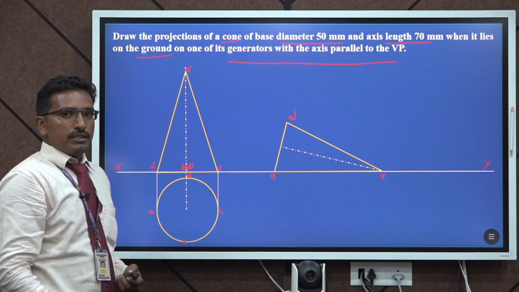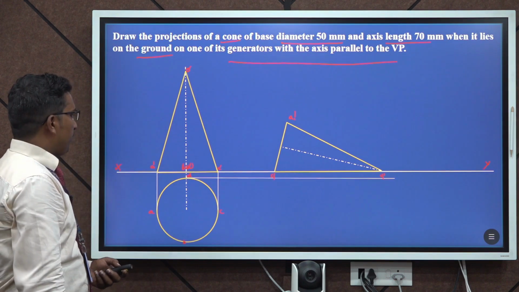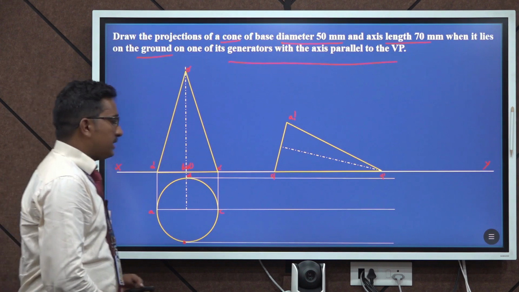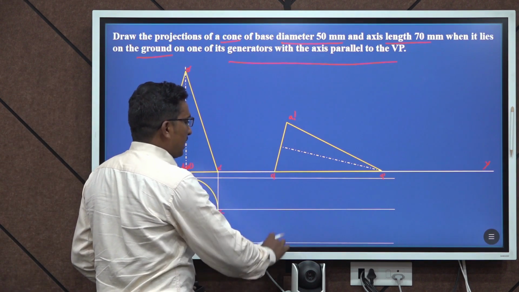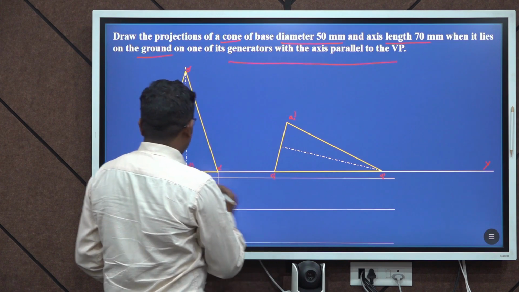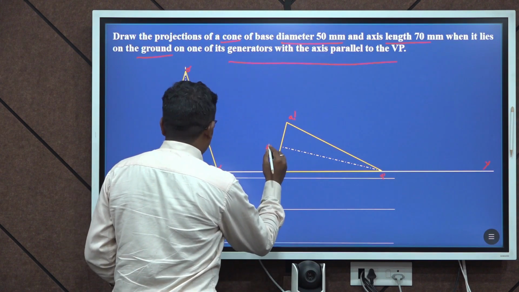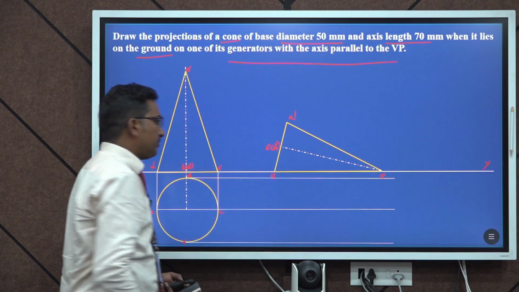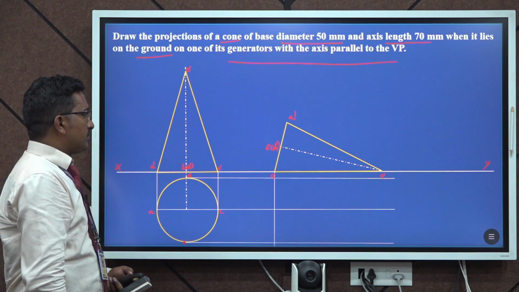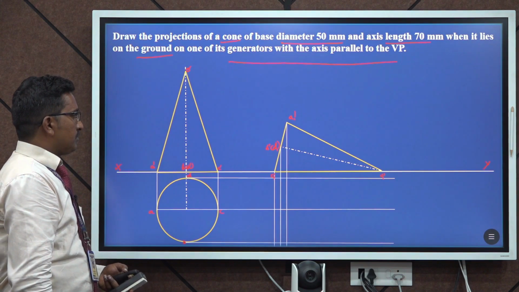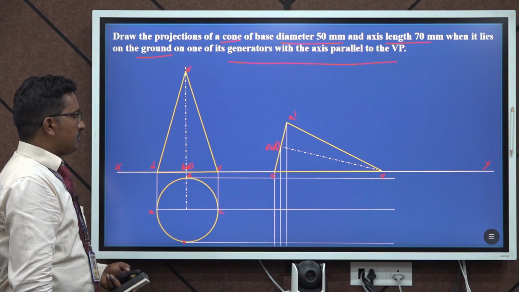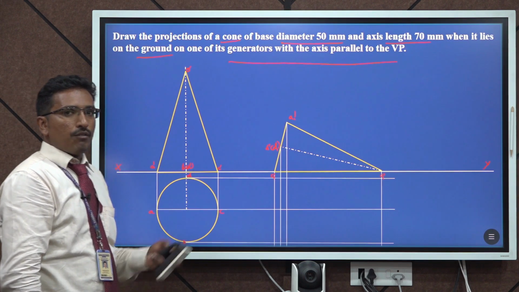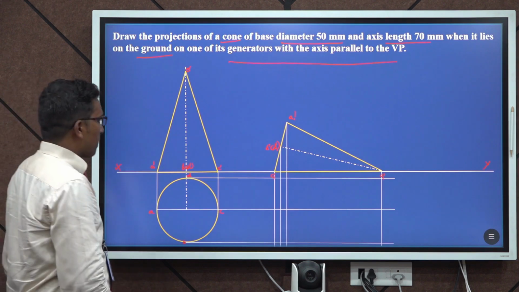Now I am going to draw the projection lines from the circle, and then you have to draw the projection lines from here too. Now we have to point out the fourth position, which means the final position.